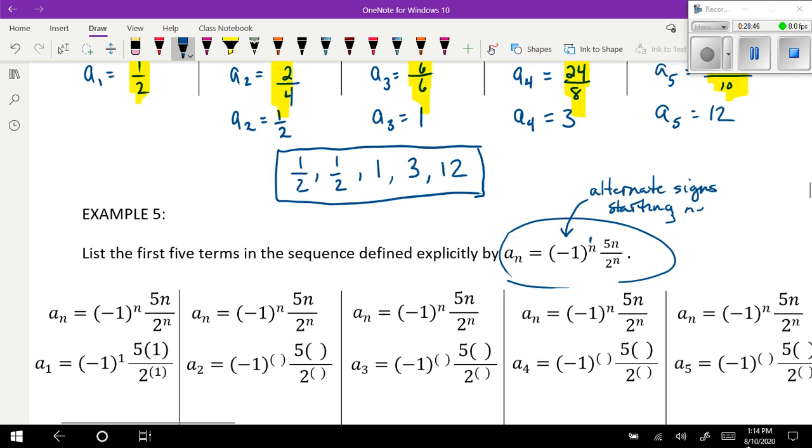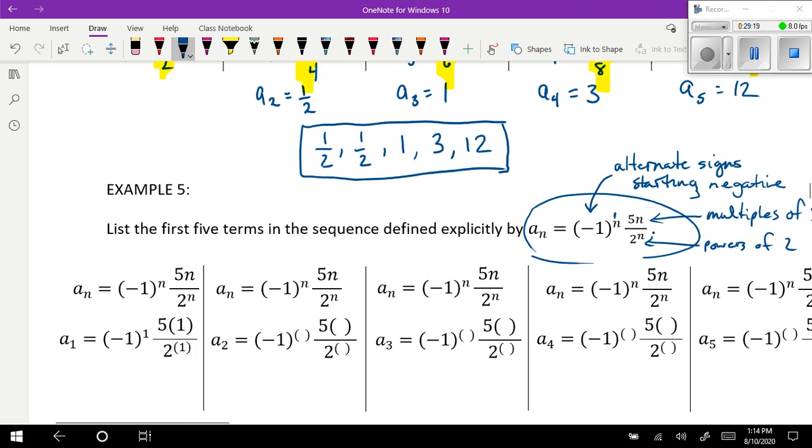So this would be starting negative. So think about it. 5n right here: 5 times 1, 5 times 2, 5 times 3, 5 times 4. These are your multiples of 5. And then 2 to the n right here, these are your powers of 2. So you can look at each piece of your explicit definition for your sequence and you can have an idea where it's going to go.